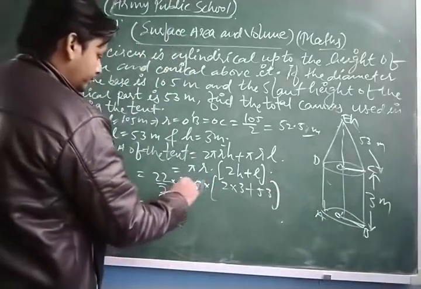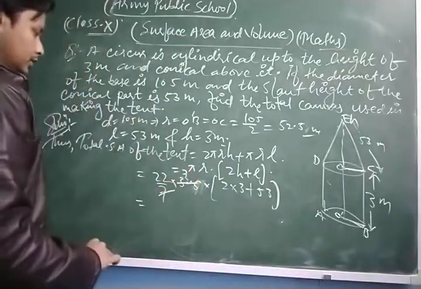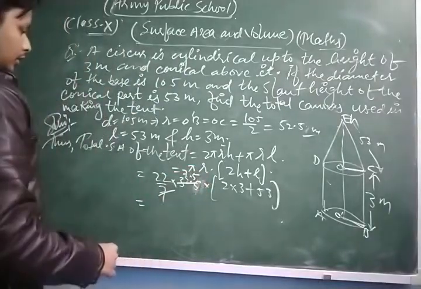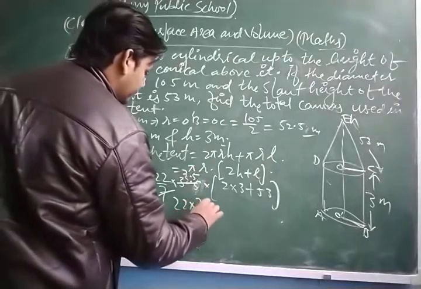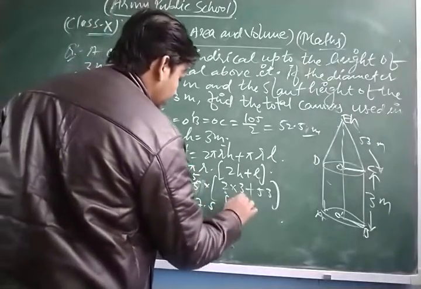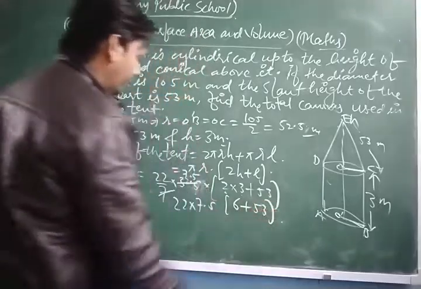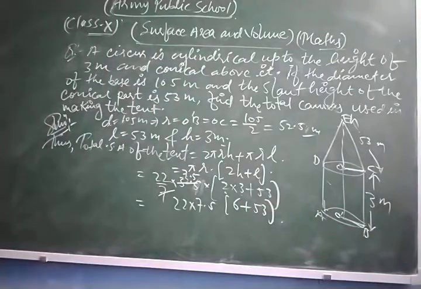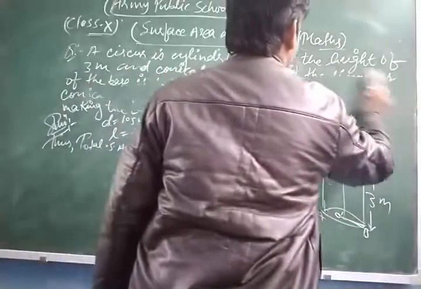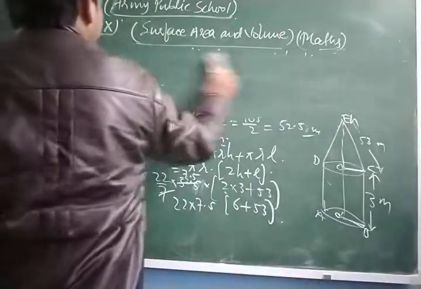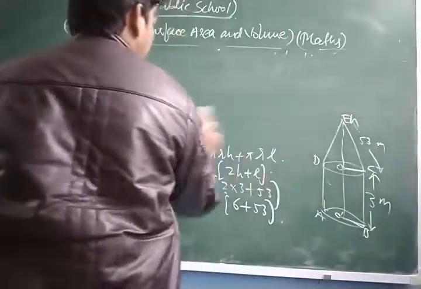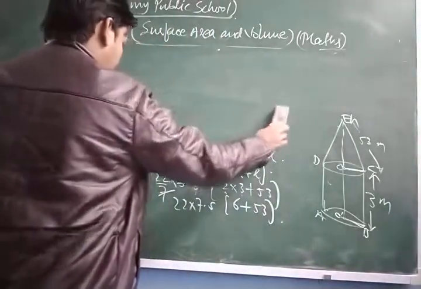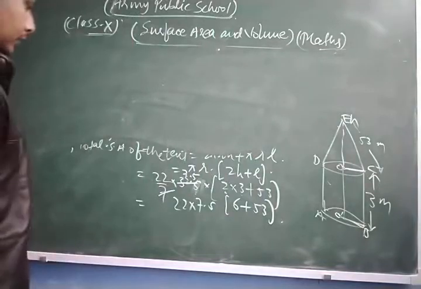Now 7 sevens are 49, so 22 into 7.5, into 2 times 3 is 6, plus 53. Now we just simplify them.